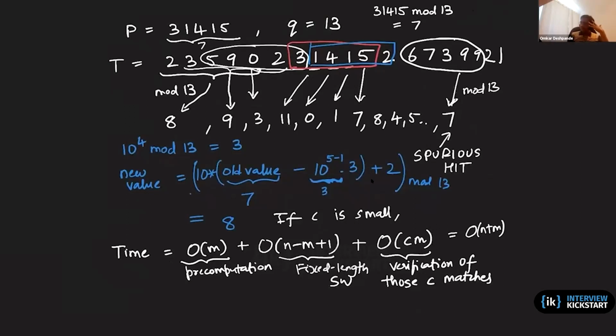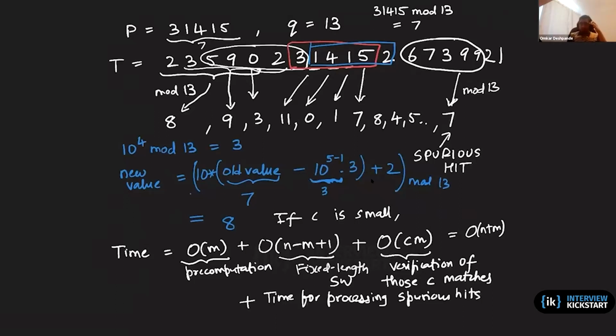Now, strictly speaking, it's not just how many matches there are that have to be verified, but also we need to add to this the time for processing spurious hits, because those will also tend to match, but while making an explicit comparison, we'll realize that they actually don't match.